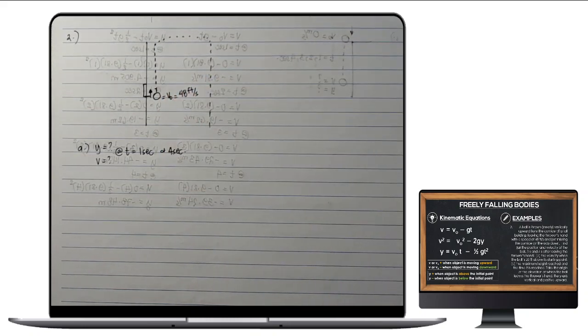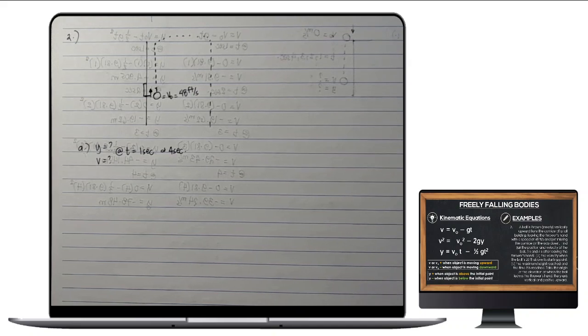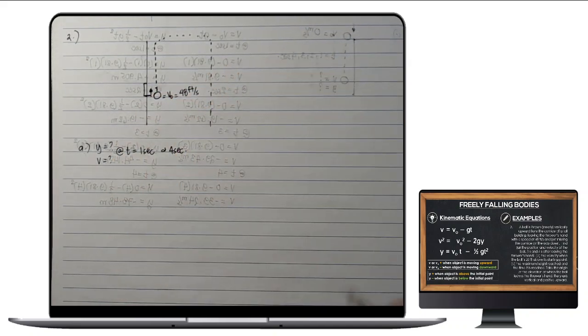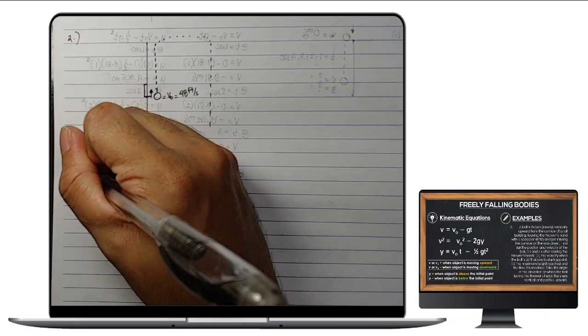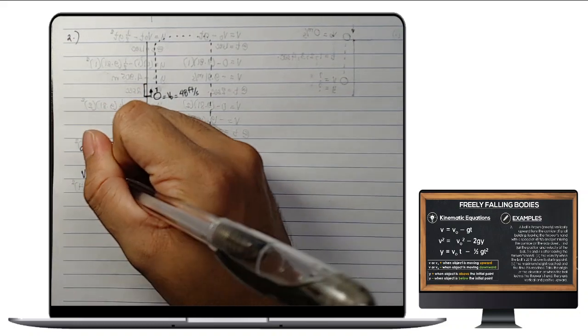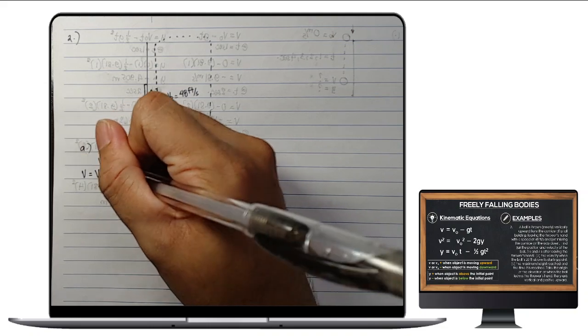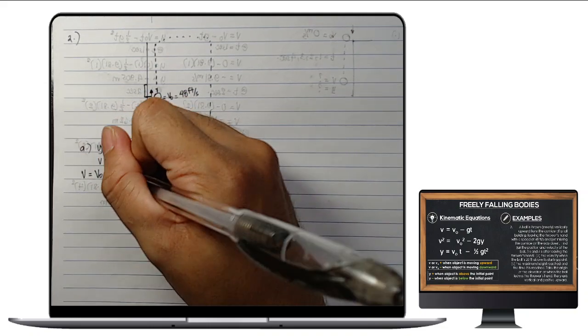Again, like the previous problem, given the initial velocity, we can find the final velocity using the formula v is equal to v sub o minus gt.